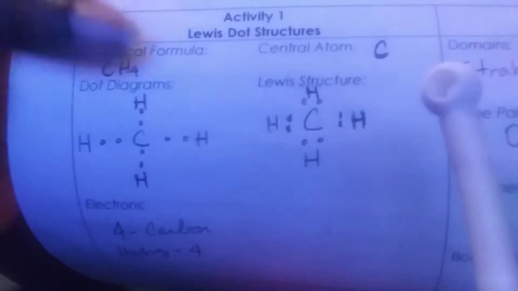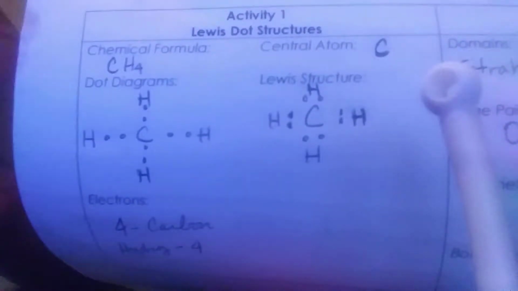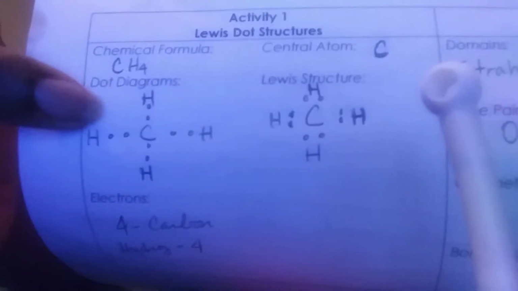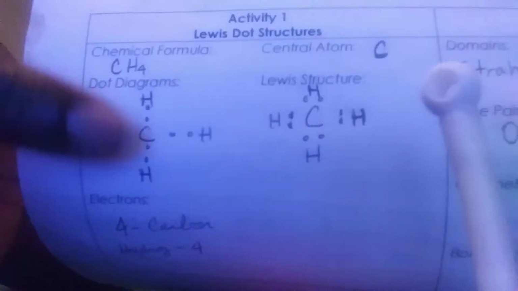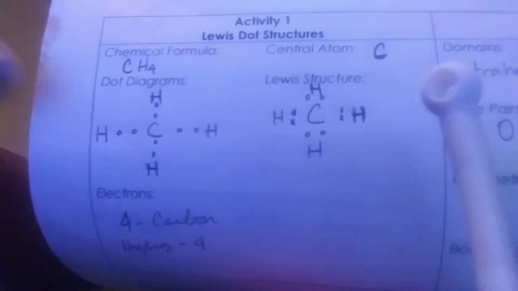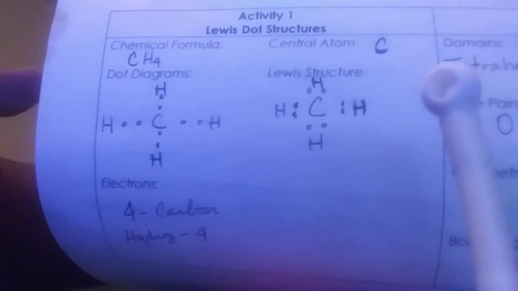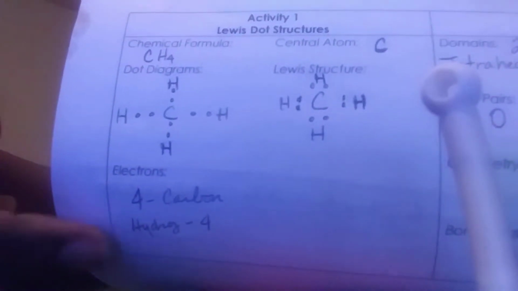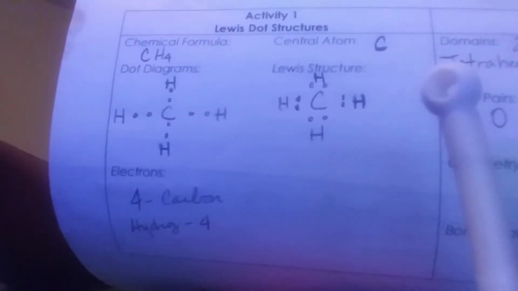Okay, so for CH4, you have the chemical formula CH4. The central atom is C for carbon. You have the dot diagram, which has the hydrogens all on the outside, and then you have 2 in each one going to the central atom, which is the C. As far as valence electrons, you have 4 valence electrons for carbon and 4 hydrogen valence electrons.